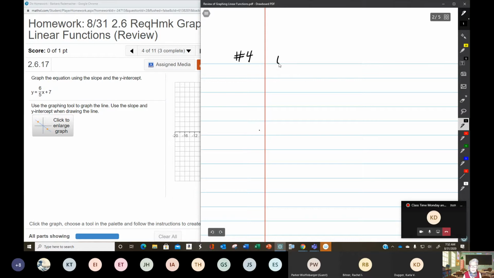And the equation we're given is y equals 6/5 x plus 7. Okay, now the slope is 6/5. And the y-intercept is 0.7.